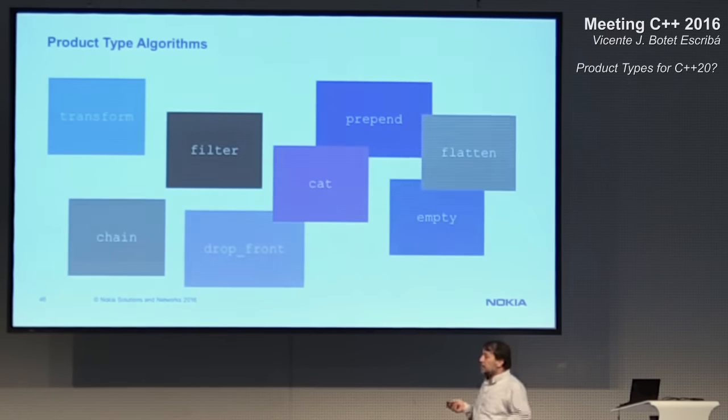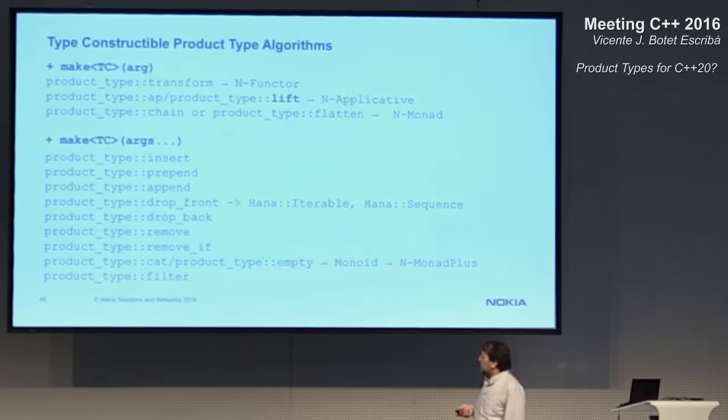Transform, chain, which is a name for bind for monads. Filter, cat, prepend, flattening a specific nested product type, dropping elements, and it depends on how we are able to do that.